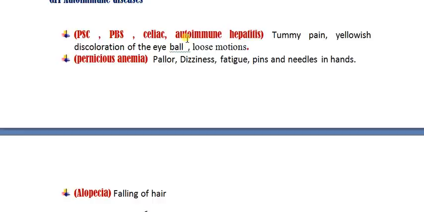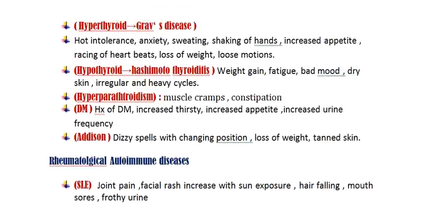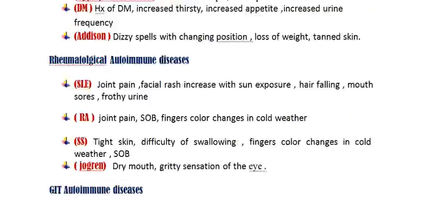So we have to ask about any tummy pain, any discoloration of the eyeballs, any loose motions. For pernicious anemia, any pallor than before, dizziness, fatigue, pins and needles in both hands, and for alopecia, any falling of hair. Now we covered all the autoimmune diseases that can be associated with vitiligo.